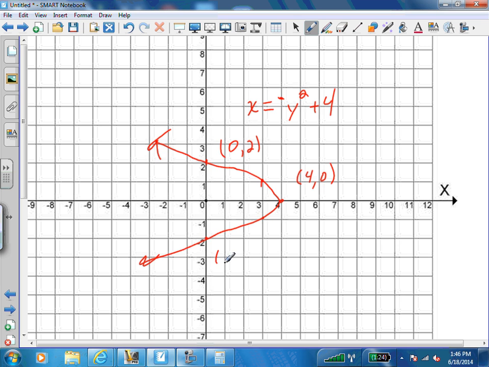If we put a negative 2 in for y, negative 2 squared is 4, minus 4 is 0. So that's the equation that gives that graph, which, if we were to put it in function notation, is an equation in terms of y, where y is our input.